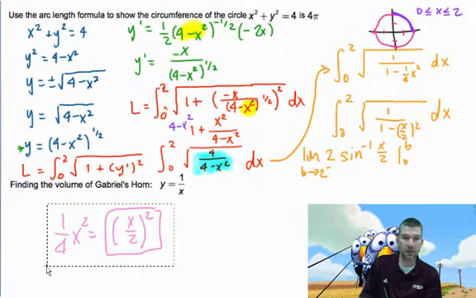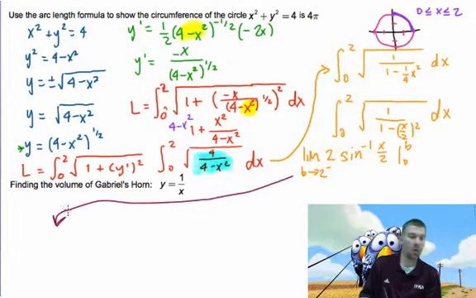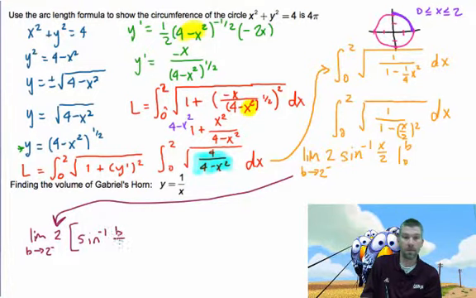I'm going to finish the problem down here. To finish off, we put our stop minus our start in. That gives us the limit as b approaches 2 from the left of 2 times the arcsine of where we stop, which is b, minus the arcsine of where we start, which is 0.